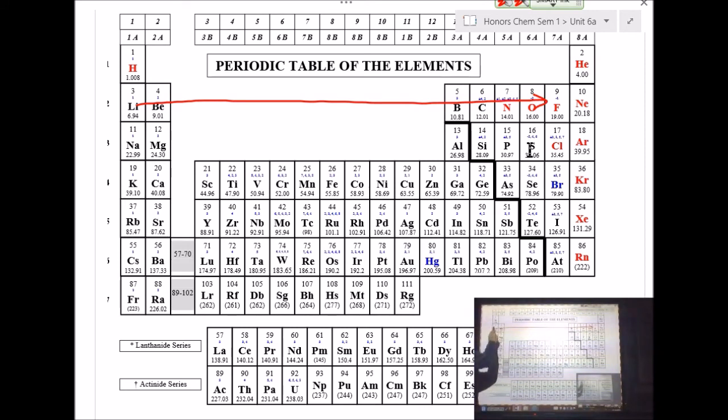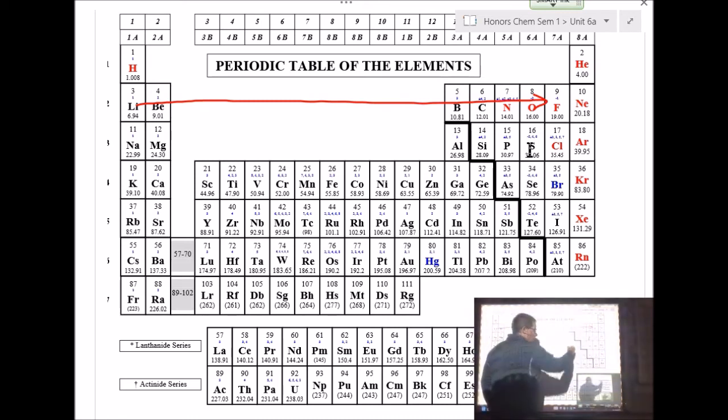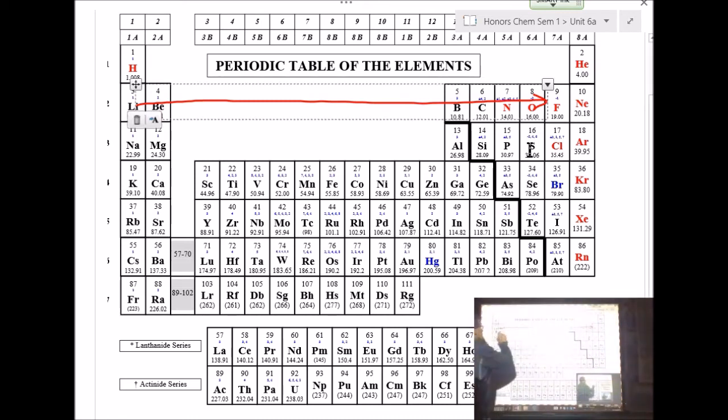The trend is as I go from lithium to beryllium, beryllium's smaller than lithium. Going from beryllium to boron, boron is smaller than beryllium because we're getting closer to 8. Now, again, in AP, we're going to talk about Coulombic attractions, effective nuclear charge, Zeff, all those fun things to explain this. This you can comprehend right now, hopefully.